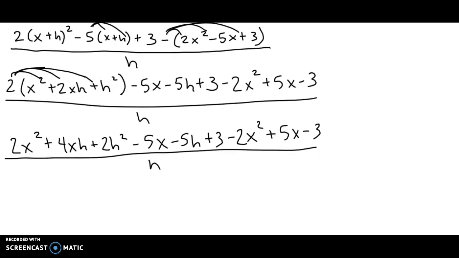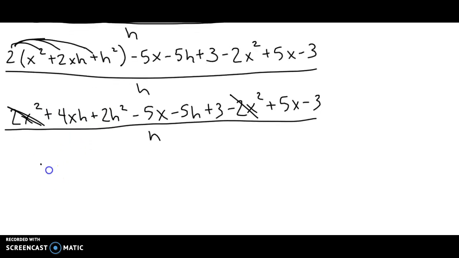As I look at this, I want to see what I can start to cancel. So I can get rid of this 2x squared and this minus 2x squared. Those cancel. If I look at 4xh, I don't have anything with xh in it, so I'm going to write that down. 4xh. Then I look at the 2h squared.